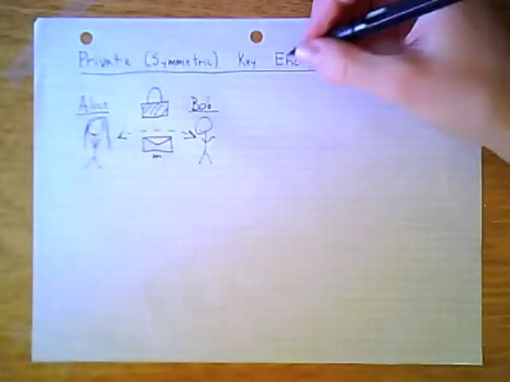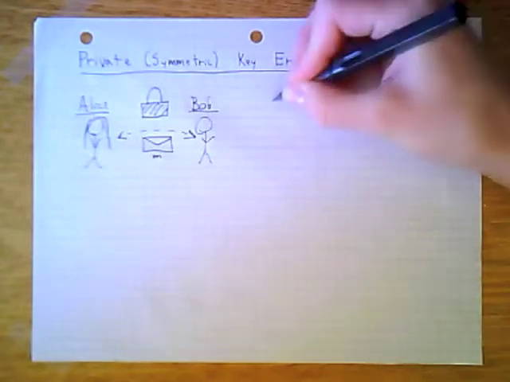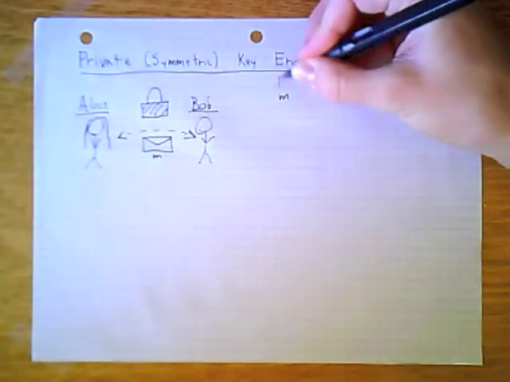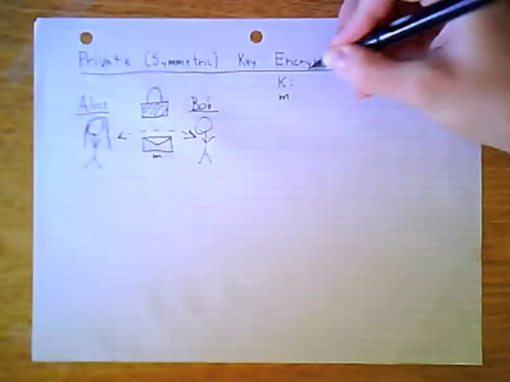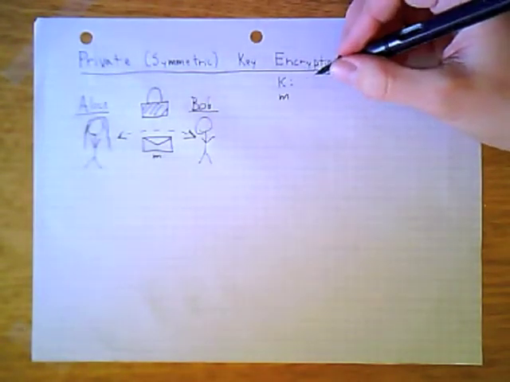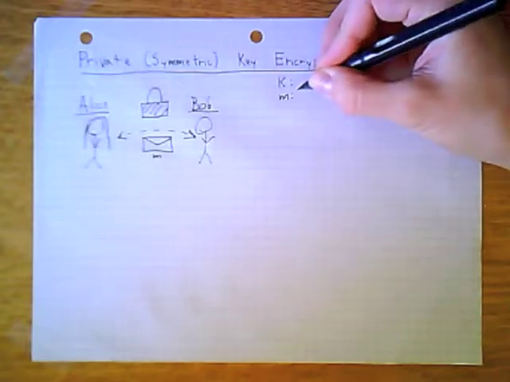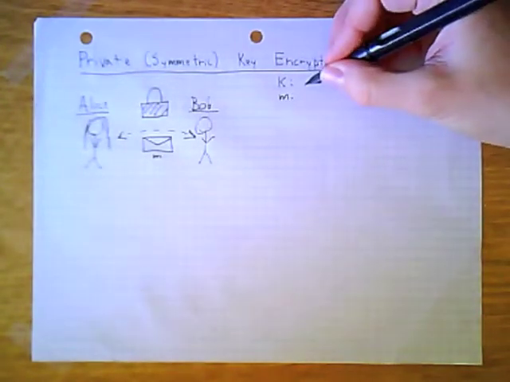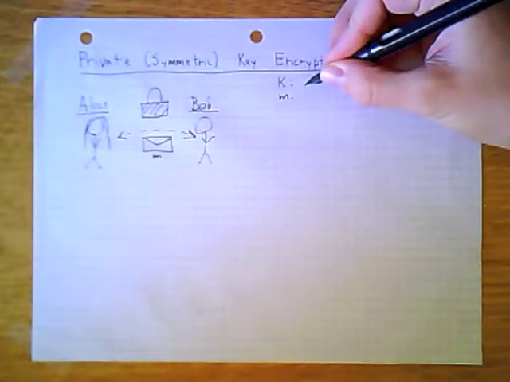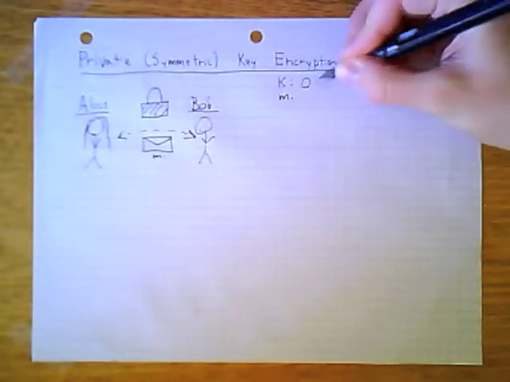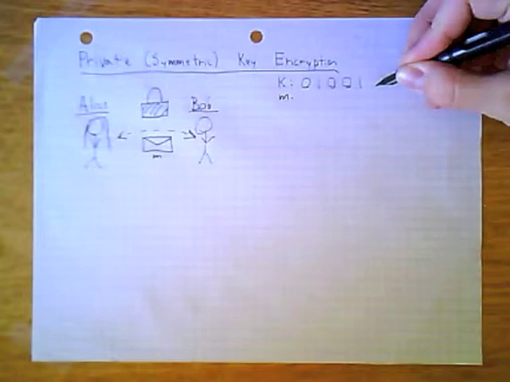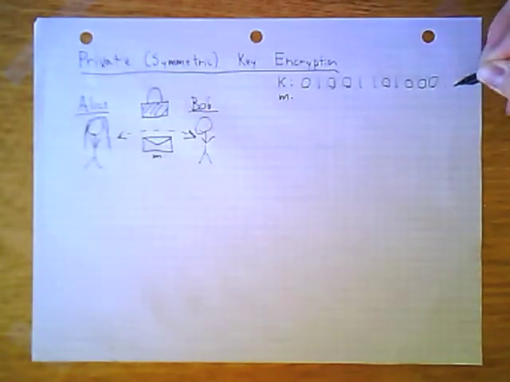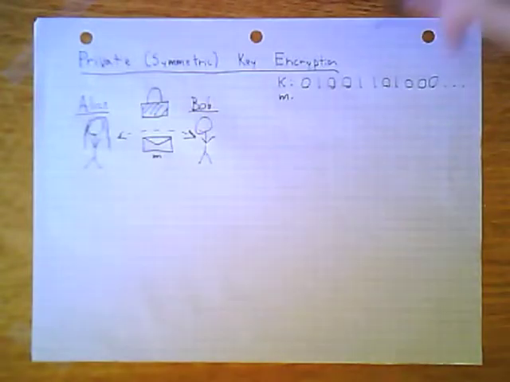So we'll call the message M and the key K. The key is a predetermined string of binary bits, and binary bits are just zeros and ones. So let's generate a key. Let's say 0, 1, 0, 0, 1, 1, 0, 1, 0, 0, 0, dot, dot, dot. So the key goes on.